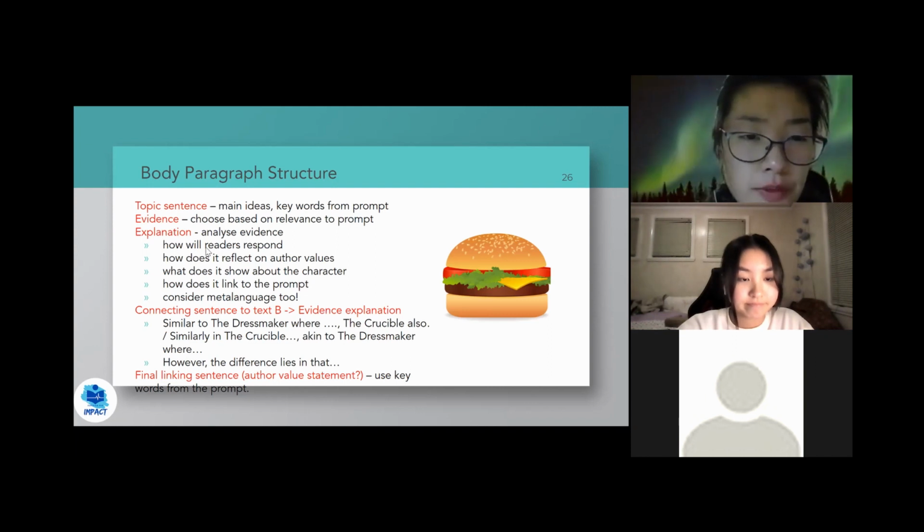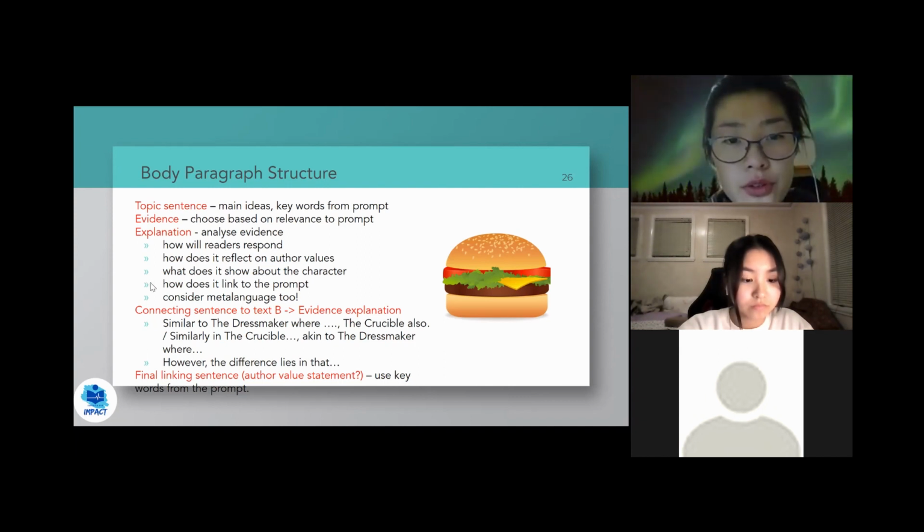particularly with emphasis on how the reader will respond, the intended effect of that specific quote, and how it reflects what the author is trying to say, like the author's point of view. And in some cases, it can also point to what it reveals about the character.